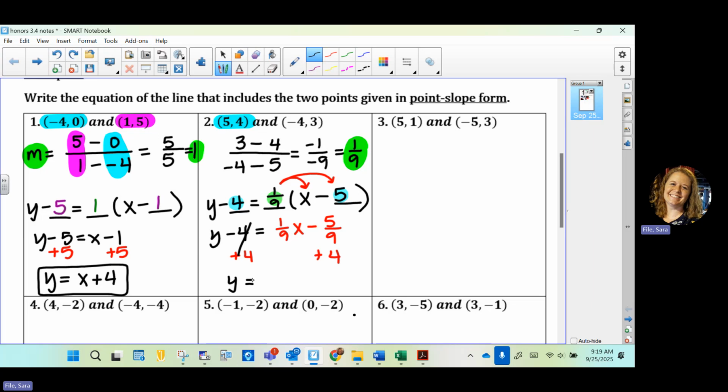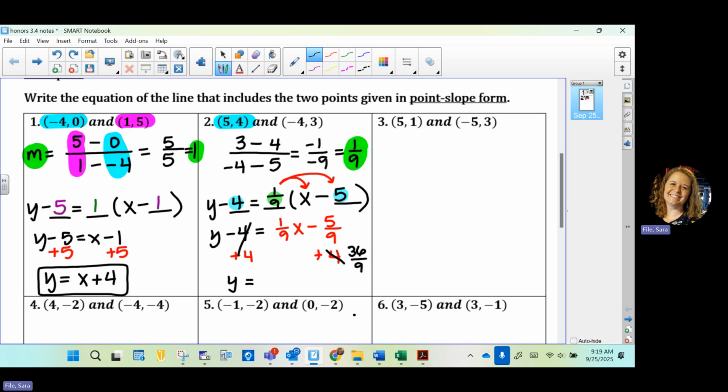So how could I rewrite 4 in terms of ninths? How many ninths would it be? I heard somebody say something. Yeah, but I didn't hear what it was. 36/9. So I can replace the 4 with a 36/9 because isn't that 4?